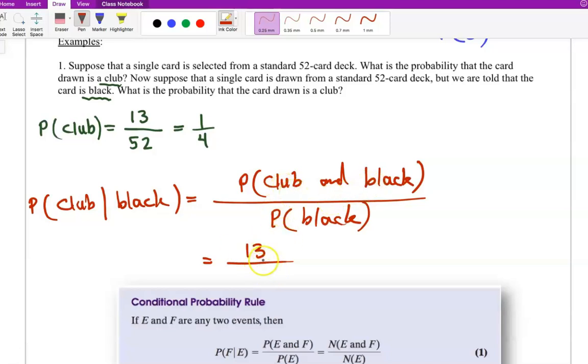We have 13. All of these are black. And how many black cards do we have in total? Here in total we have a sample space of 52. 26 of these are red and 26 are black. So the answer is 1/2. This one is 1/2, and that one was 1/4.